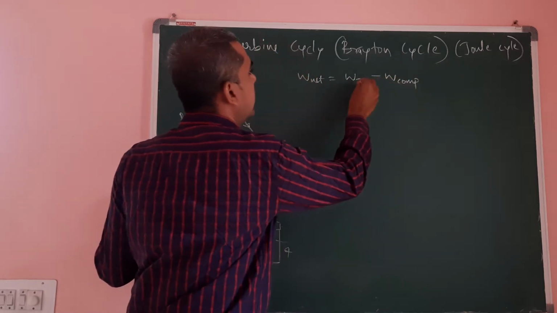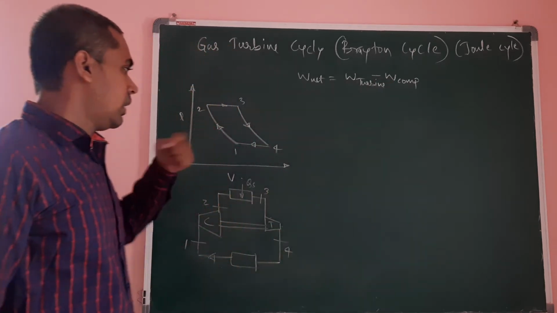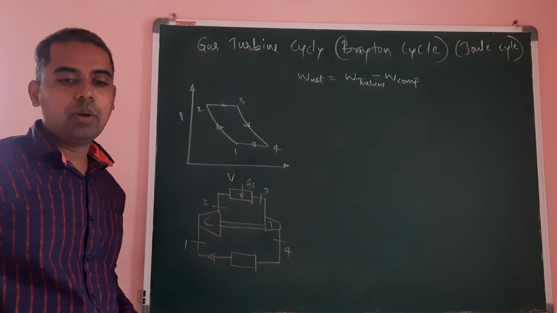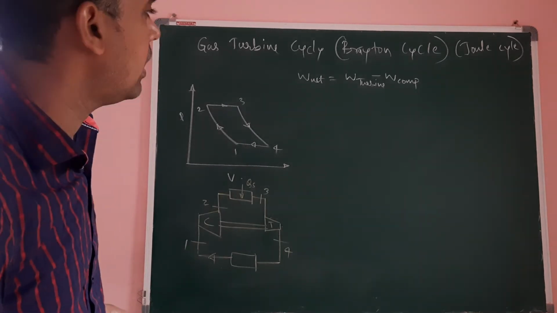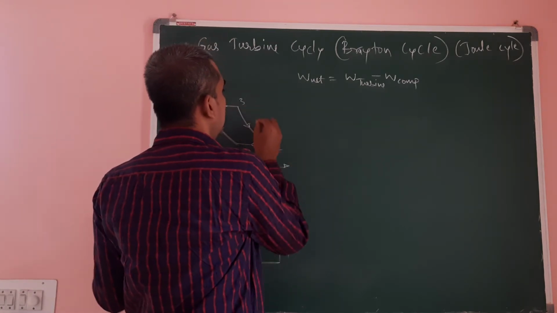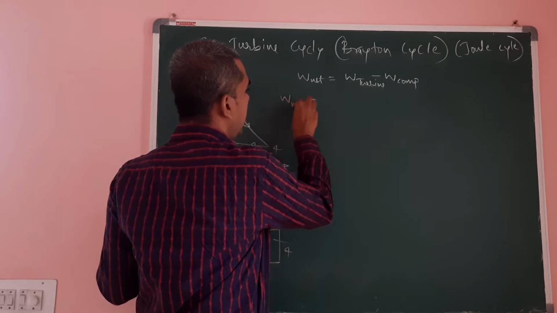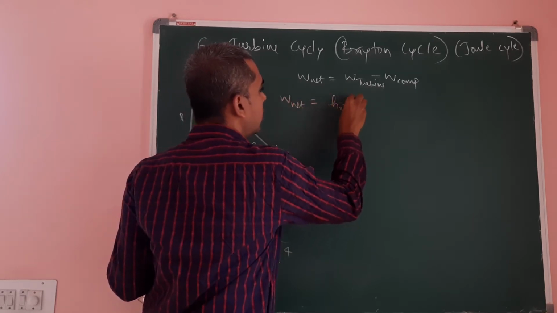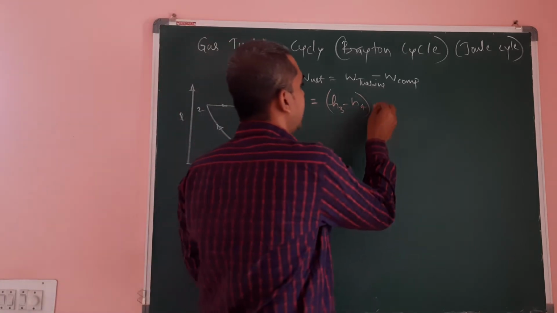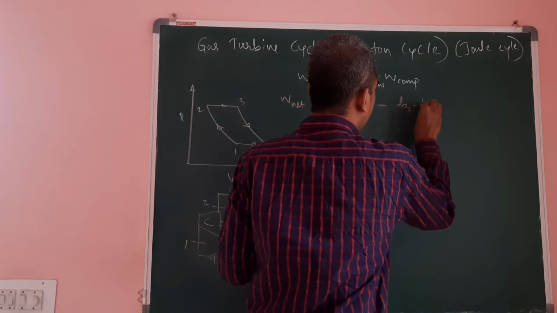Work done in a turbine is nothing but the change in enthalpy, from the steady flow energy equation in basic thermodynamics. Work done in a turbine is H3 minus H4. Therefore W net is equal to H3 minus H4, the turbine work, minus the compressor work, H2 minus H1.